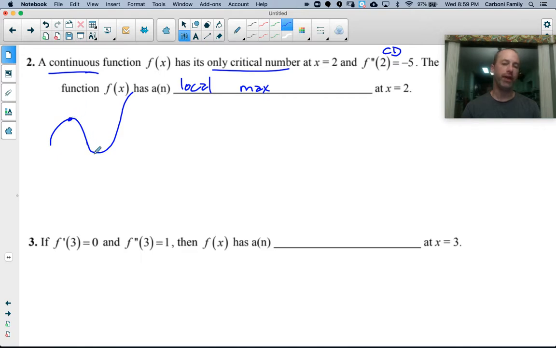I know it cannot turn around like that, because if it did, it would create a second critical number, and this is the only critical number. So this function cannot turn around and get any higher. So this is a local max, and it is also an absolute max.